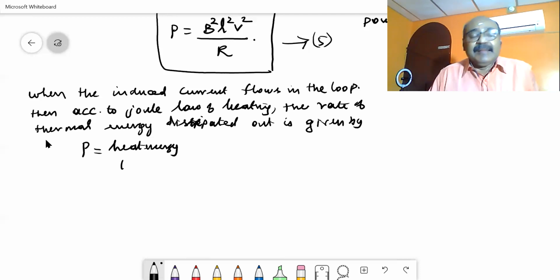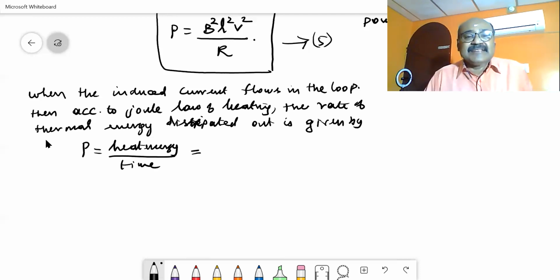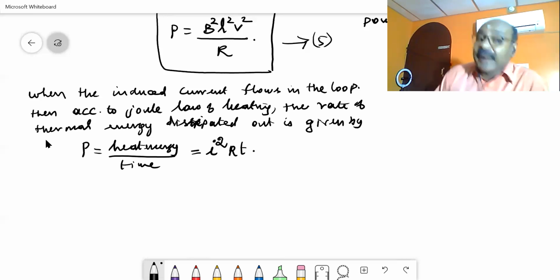The heat energy is given by the formula I square R T. This is the formula given by Joule.